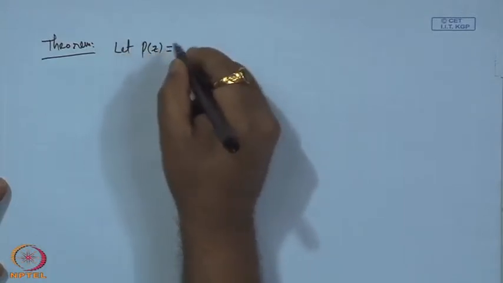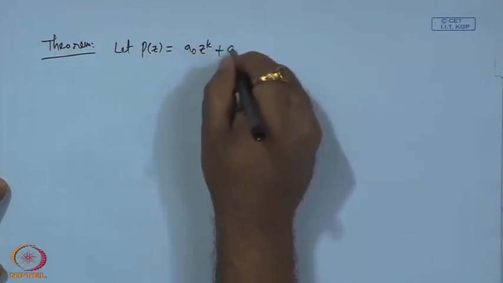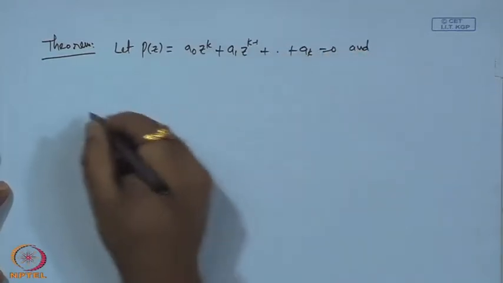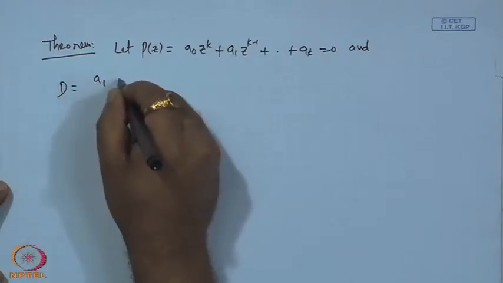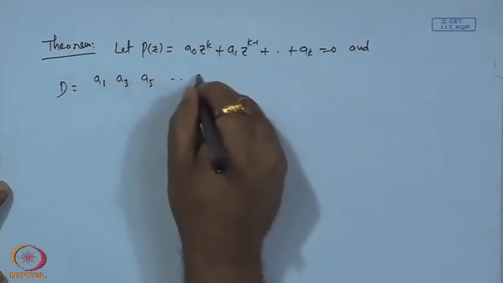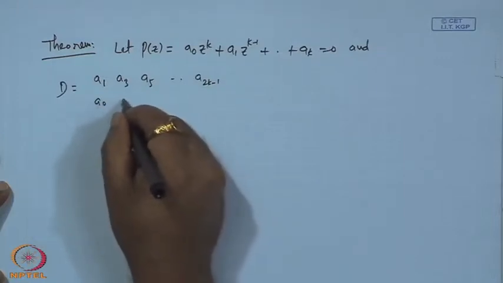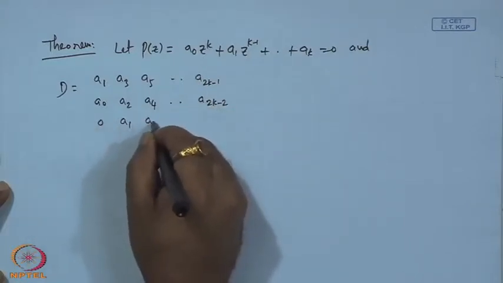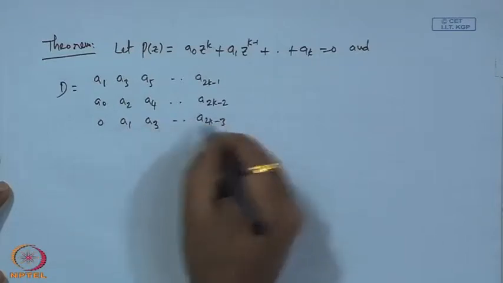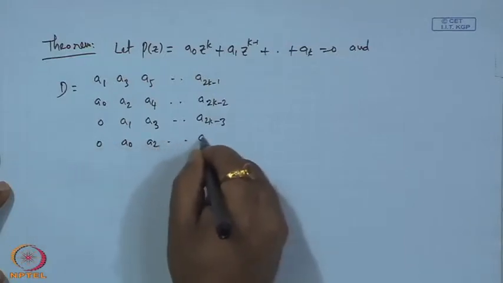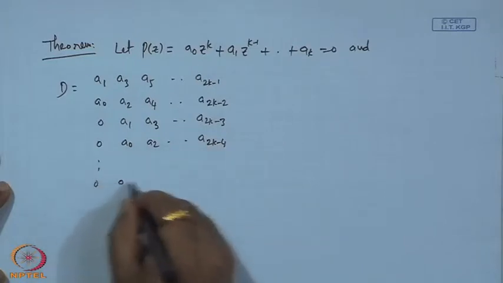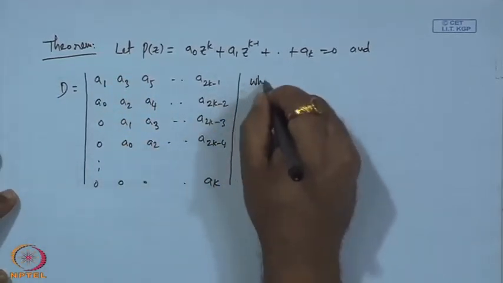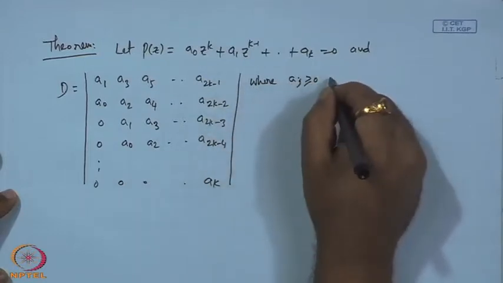Let p z be the polynomial, and D is a determinant, where A j greater than or equal to 0 for all j.